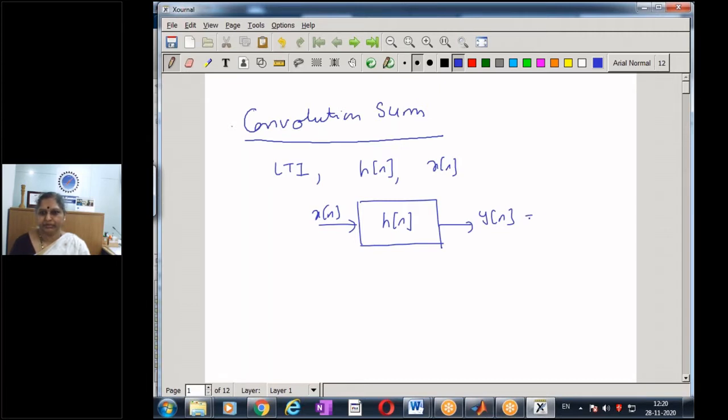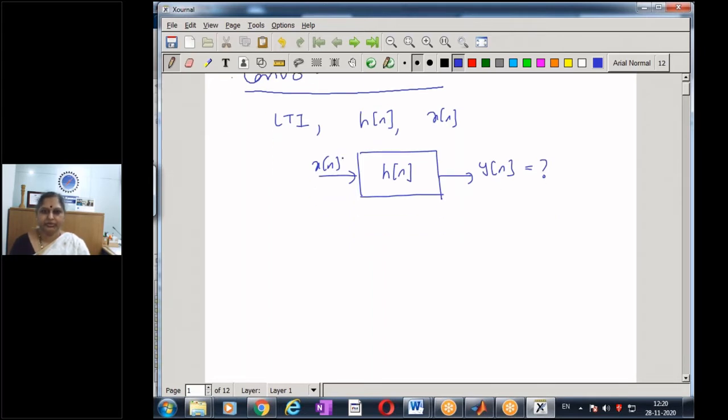The unknown parameter is our output y[n]. So our aim is to compute the output y[n] given the input to the system and the system which is specified by its impulse response. Of course, we may have other methods of representing the system, but we can always obtain the impulse response of the system.